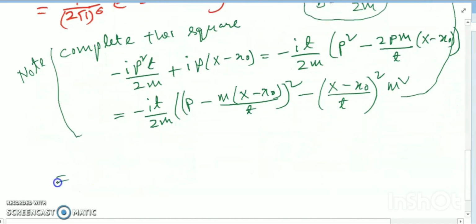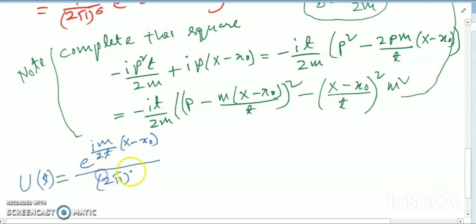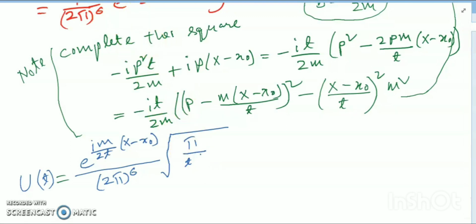So the result is U(t) equals e to the power i m divided by 2t times x minus x0, divided by 2 pi whole to the power 6 into root over pi, it divided by 2m whole cube.